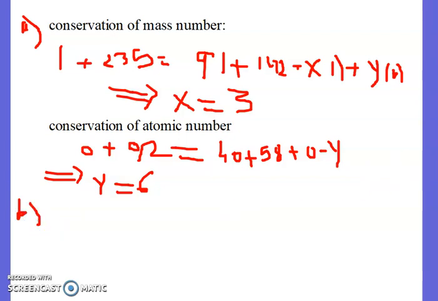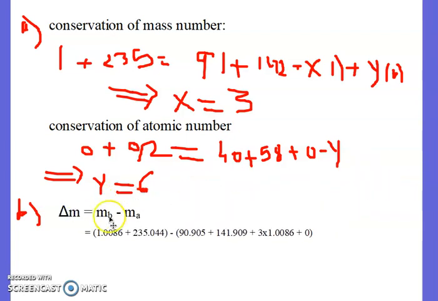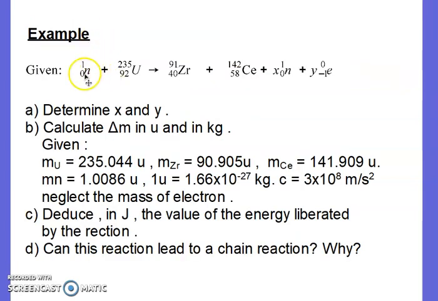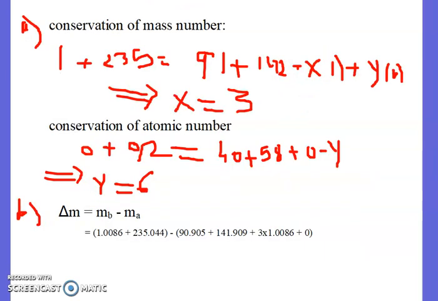Part B. We want to determine the mass defect. Mass defect means delta M. Delta M equals mass before reaction minus mass after the reaction. Before reaction here we have neutron and uranium. After reaction we have zirconium, cerium, neutrons plus electrons. He says neglect the mass of the electron, means mass of an electron is 0. Okay? So if you add them and do the calculation, you get 0.2128. But what's the unit here?